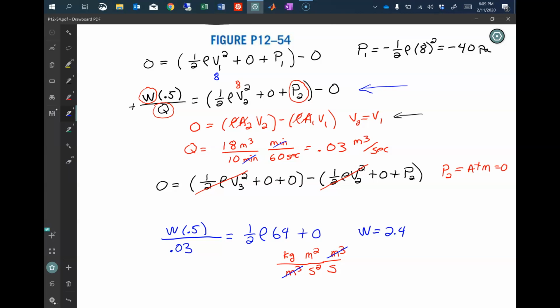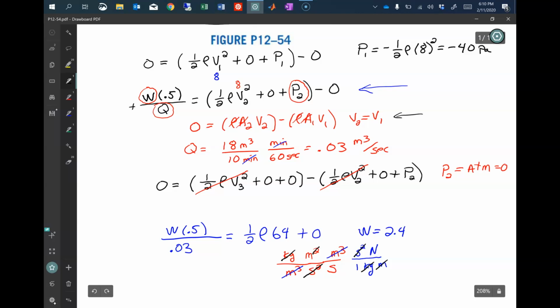There's 1 kilogram meter per second squared in a Newton. So the kilograms are gone, there's a meter here that kills that off, and a second squared.